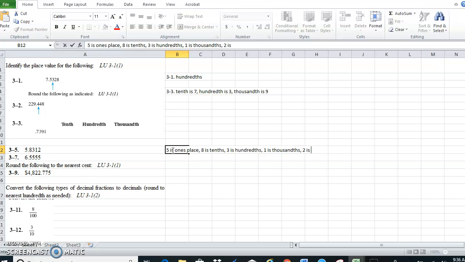And 2 is 10 thousandths. And that was problem 3.3-5.